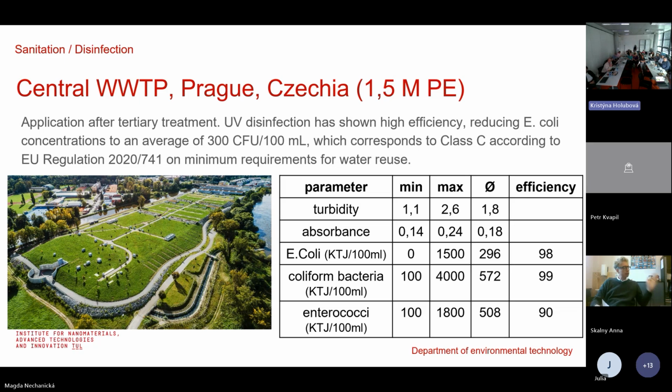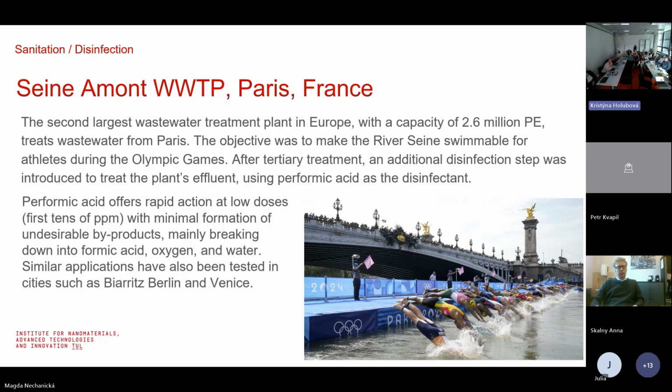Here they applied UV tubes, which are submerged in the discharging canal, and this way the water is sanitated.